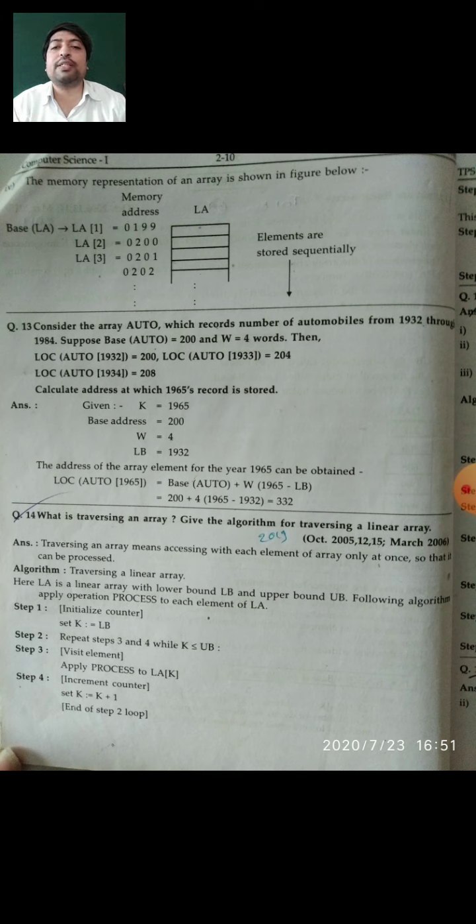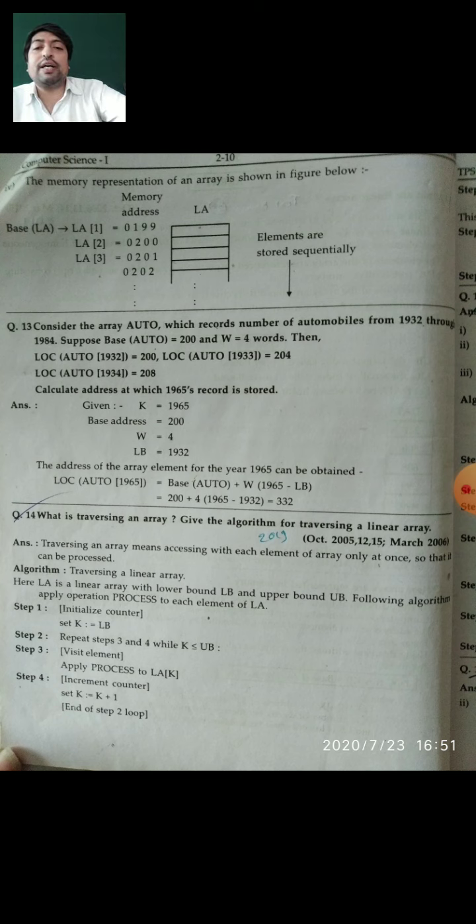Your textbook has already taken 0 199, 0 200, 0 201, 0 202. These are the different addresses at different memory locations with different indexes. Elements are stored sequentially one after the other, because the elements start from the base of LA, starting from the base up to the last.